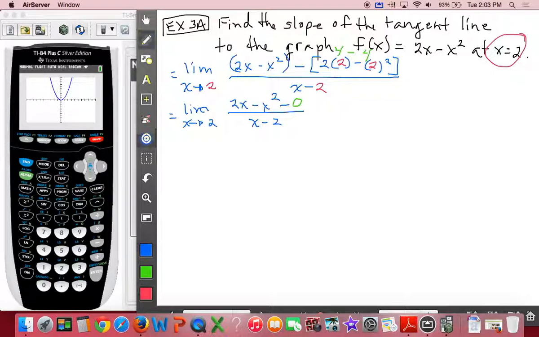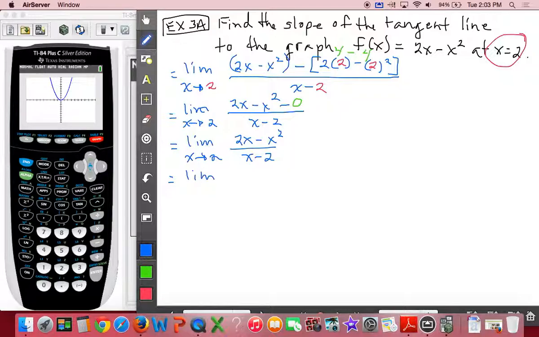So really what we have is the limit as x approaches 2 of 2x minus x squared over x minus 2. Now remember, I told you that that denominator should cancel into here. In order for it to cancel, what do we have to do here? Factor. And most of you are going to say take out an x, which is fine. Let's see what happens.